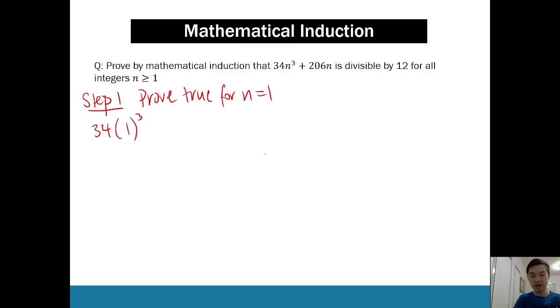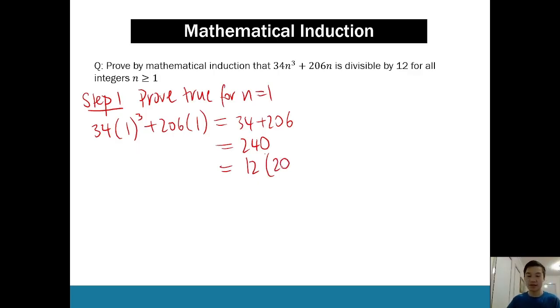So 34 times 1 cubed plus 206 times 1 is going to be 34 plus 206, which will give me 240 when we add 34 to 206. So therefore, this is the same thing as 12 times 20.